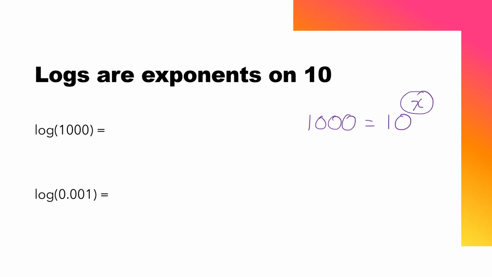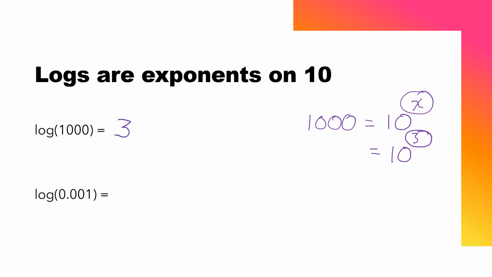We're trying to figure out what power that is. Well, if x was equal to 3, 10 to the third is the same thing as 1,000. So the exponent is the log. So the log of 1,000 is 3.